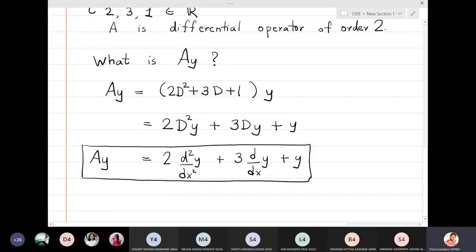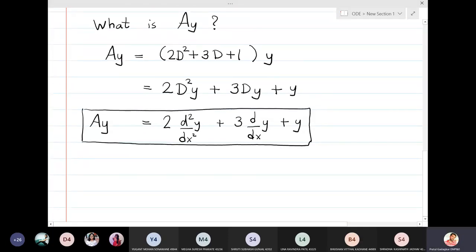Okay, I hope it is clear. Let me take one more example. Suppose I say A equals xD plus 3. What is Ay?